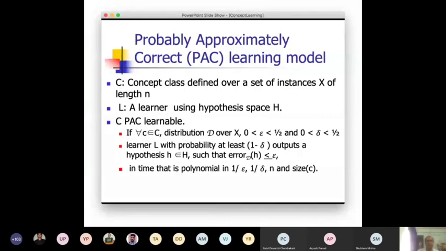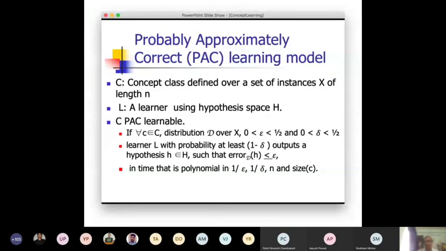This is a very formal definition. Not only that, sorry, this should be done in polynomial time, in the order of 1 by epsilon, 1 by delta, n, and size of C. So that is the whole definition. First, the objective is to get a hypothesis whose true error is bounded by epsilon, and the probability of learning should be high, at least 1 minus delta.